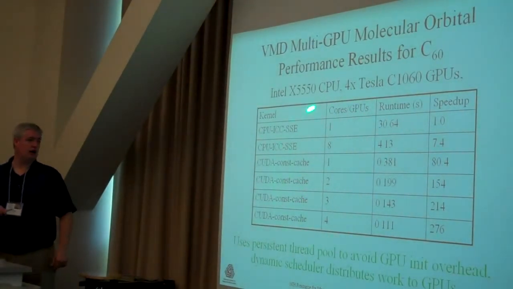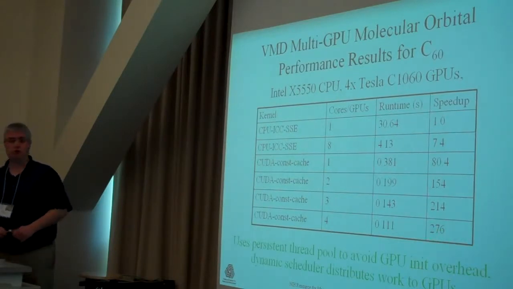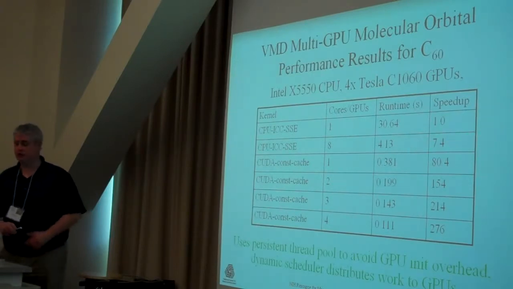Using up to 4 GPUs, we can get speedups on the order of 276 versus one CPU core. That works out to something in the 40s or 50s versus 8 CPU cores.